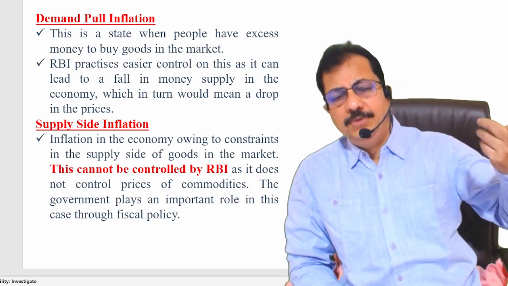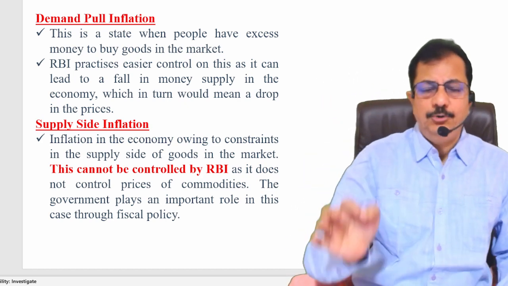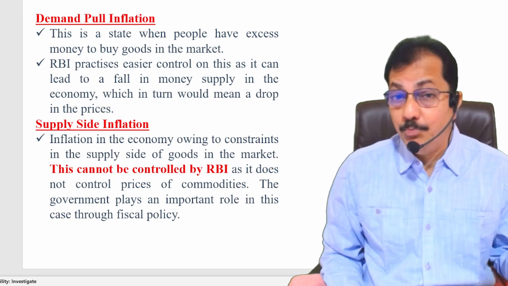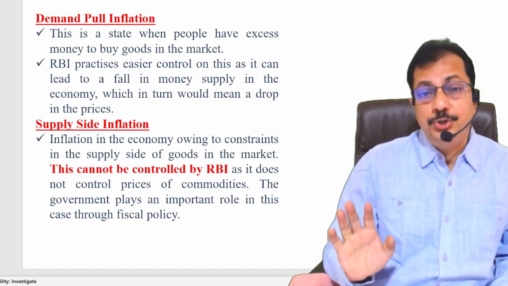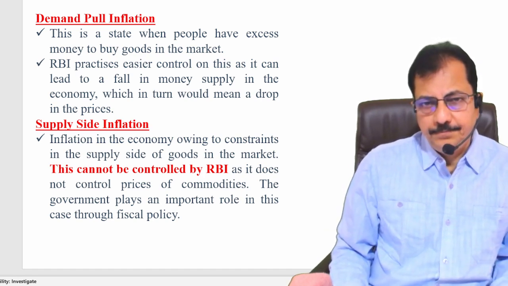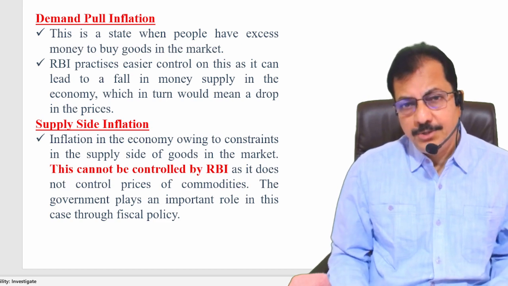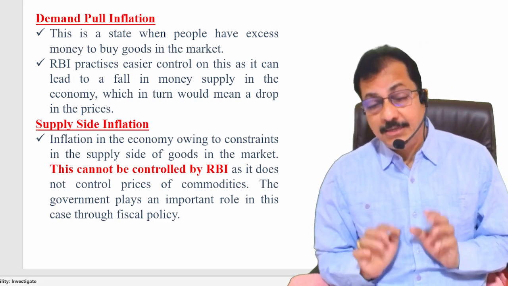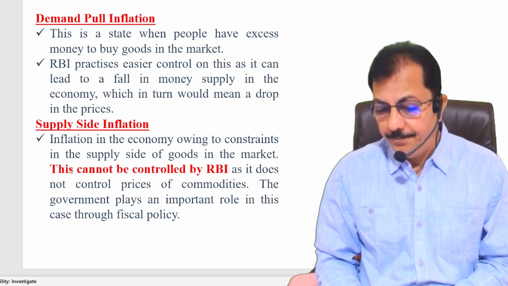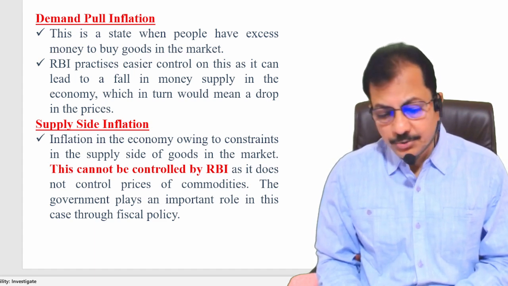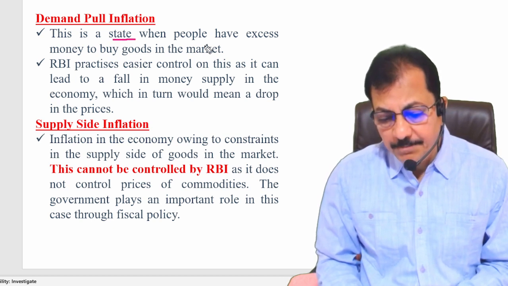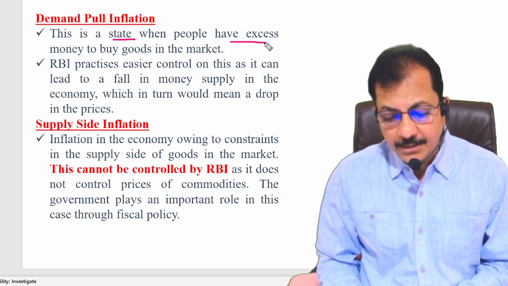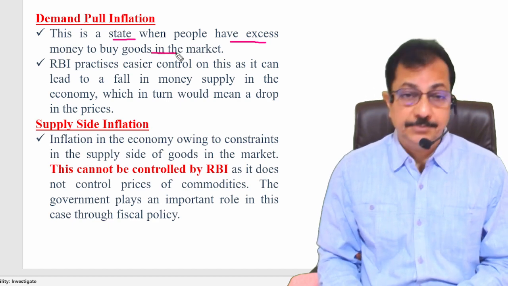If you have something with the demand which is leading to inflation, that is called demand pull inflation. When it comes to supply, that is called supply push inflation, where RBI is coming into the picture, where government is coming into the picture. Let's try to understand now, right? When it comes to demand pull inflation, this is a state when people have excess money to buy goods in the market.